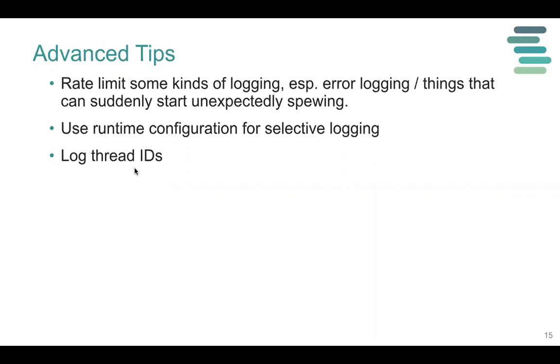And just one other tip I'll mention is, if you're coding, as most of us are today, in a multi-threaded system, a system where a single process may be handling multiple requests at the same time, the log output from those different operations will all get intermingled, and that can make it harder to sort out what was going on.